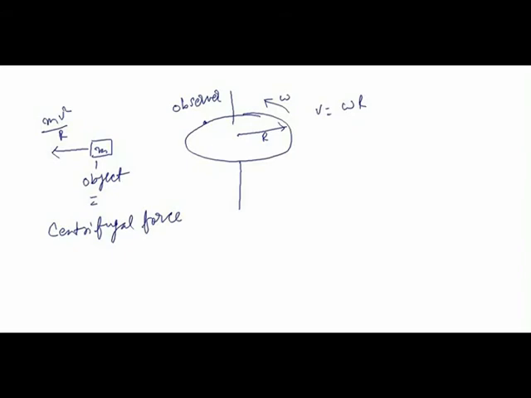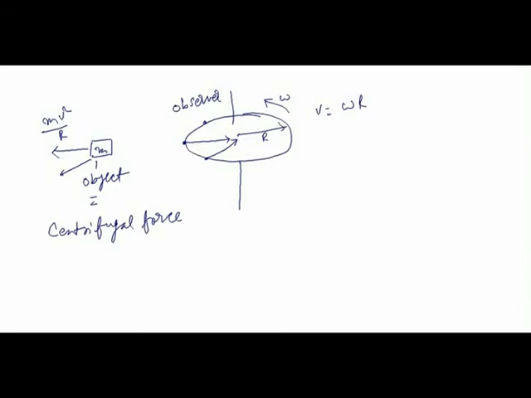Suppose the observer is at this point. The observer is experiencing a centripetal force in this direction towards the center. For this observer, this object will appear to be experiencing a force which is directly opposite to the centripetal force, in the radially outward direction. Similarly, if the observer is at this point, he will experience a centripetal force towards the center. Now for the observer, the object will appear to be experiencing a force in this direction which is directly opposite to the direction of centripetal force.